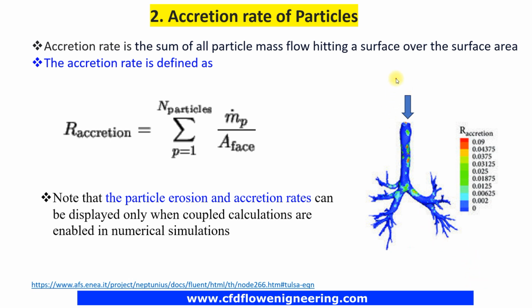When fluid flows with particles, take an example of air breathing with dust particles, and this dust particle accumulates inside the surface of the oesophagus, and this accumulation of particles is called accretion rate, and it is proportional to the mass of particle, mass flow rate of particle near the surface divided by the surface area.